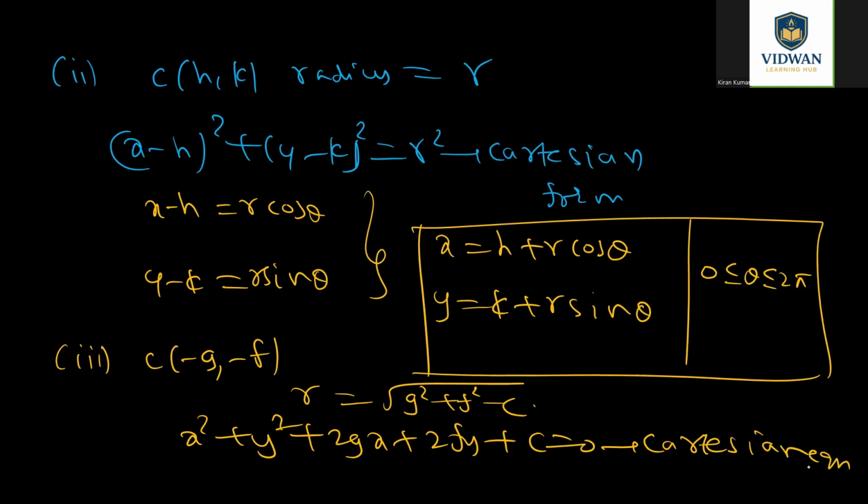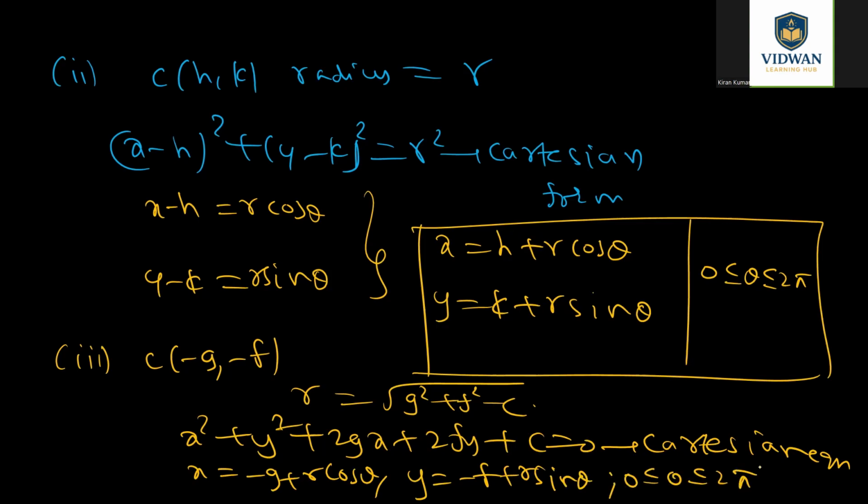And what would be the parametric equation? x equal to just the same thing, but the center (h, k) is (-g, -f). So x equals minus g plus r cos theta. r you can find with the formula which I gave here and substitute. And y will be minus f plus r sin theta. So this is the parametric equation of the circle in the other form, and in every form theta lies between 0 and 2 pi.